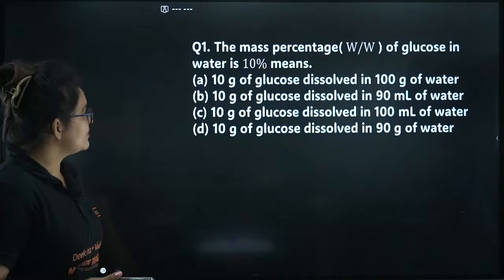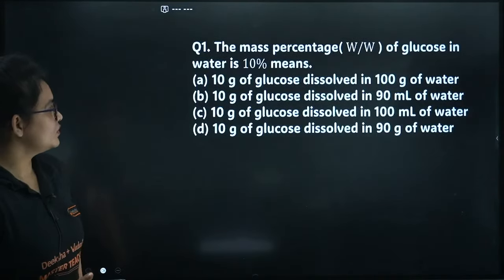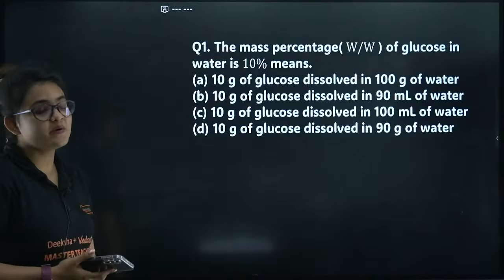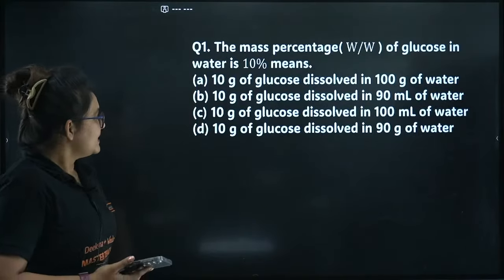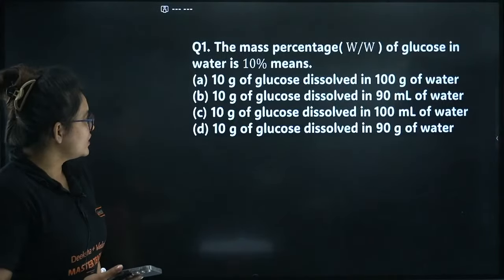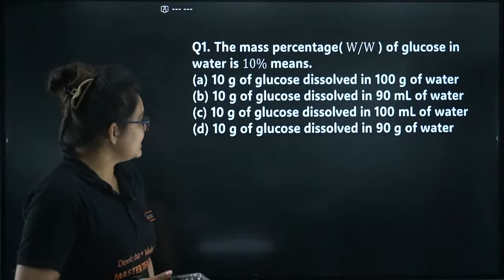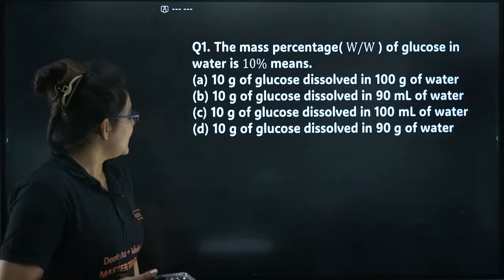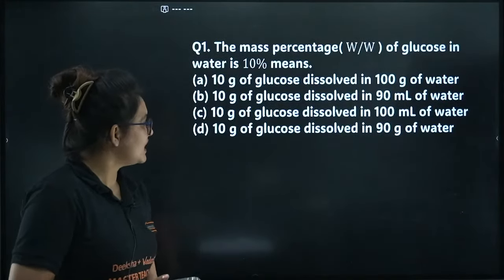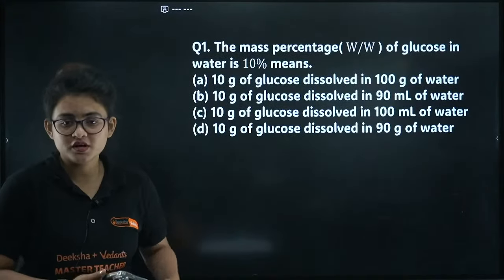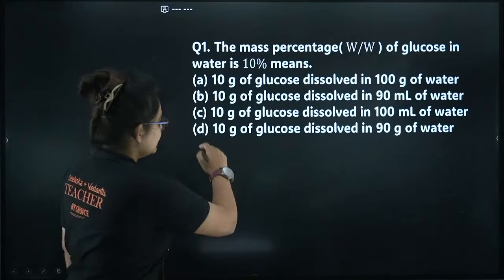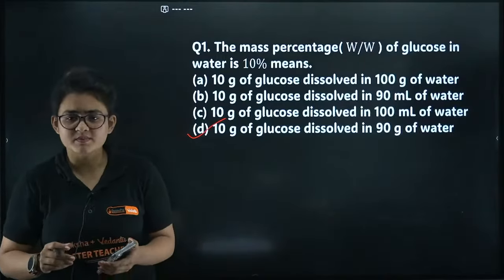So here you can see the mass percentage, that is W by W, of glucose in water, it's 10%. What does it mean? The options: 10 gram of glucose dissolved in 100 gram of water, 10 gram of glucose dissolved in 90 ml of water, 10 gram of glucose dissolved in 100 ml of water, and 10 gram of glucose dissolved in 90 gram of water. So that's going to be the correct answer. Why does this happen?